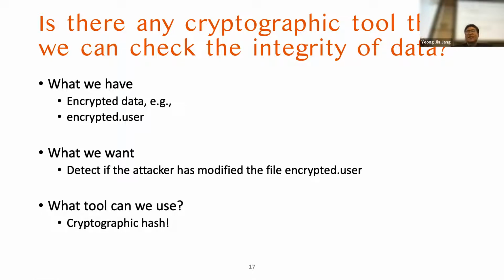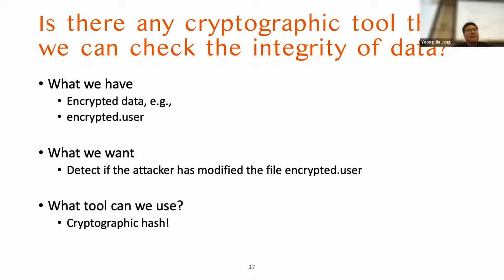Is there any way we can detect that the data has been modified by the attacker, not by myself? If we can detect that, then we can reject the ciphertext if it is modified by attackers, to prevent any kind of attack.